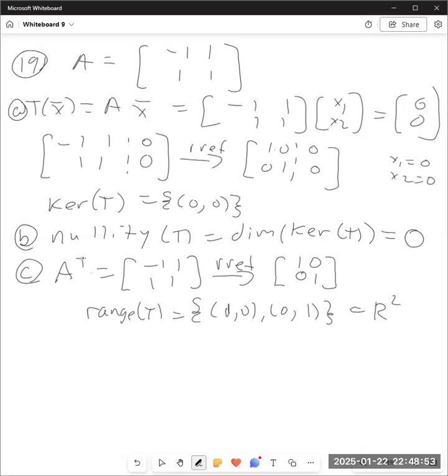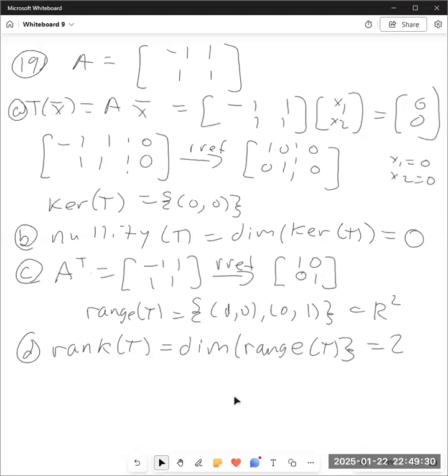And then the rank of the transformation is equal to the dimension of the range of T. We can see the dimension here is 2. That's the number of vectors that are in the range here.